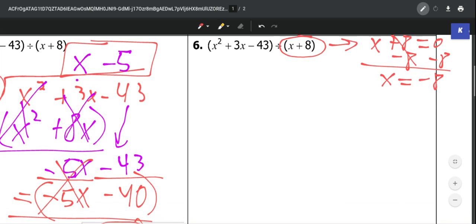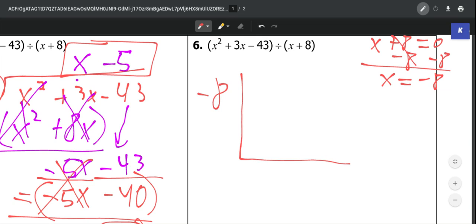Now that's important. We're going to stick that over here, and you'll see why, because that's what we're going to use for our synthetic division. Now you're going to create an L, which is going to end up being like a table, and you'll see once I fill everything in.